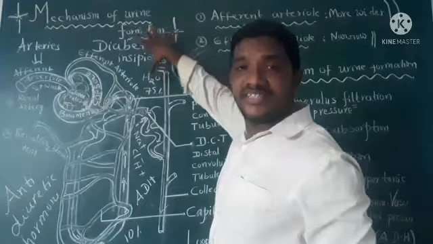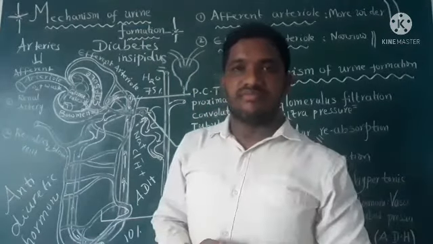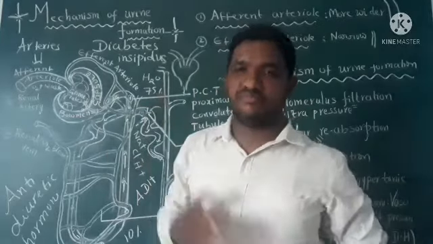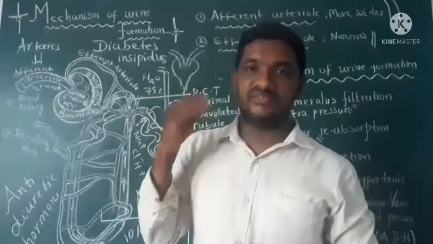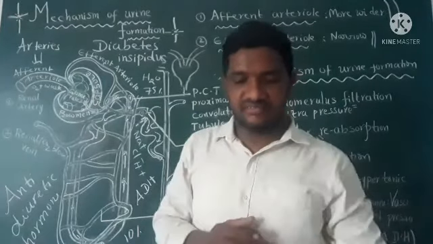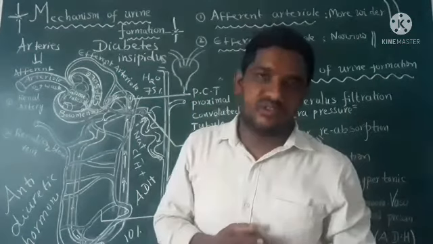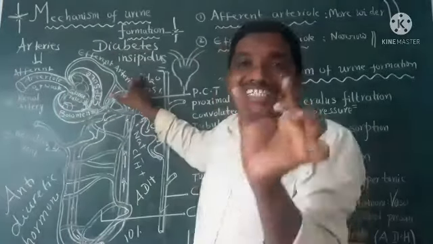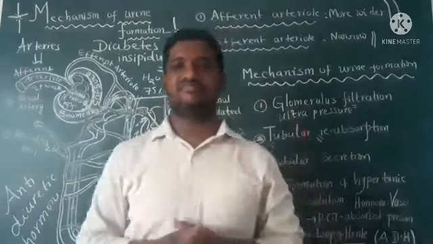Diabetes insipidus is one of the diseases. Some people are always going to the washroom, with continuous urination, excessive urine released, repeated urination, and dilute urine being passed out. That disease is called diabetes insipidus.